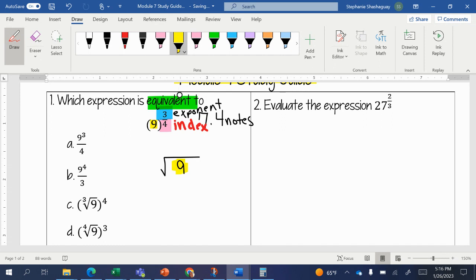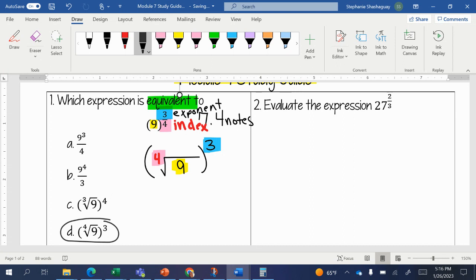My index is 4, so I place it outside the radical. It's a smaller number. It's not a coefficient, so it's a small number right above or near the radical symbol. And then I have my exponent of 3. Okay, so if I'm looking here at my answer choices, I can clearly see that that matches letter D.